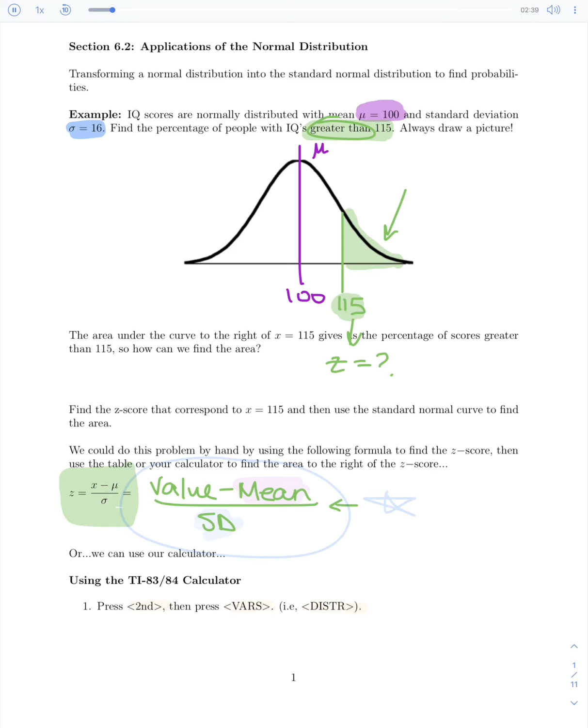So how does the calculator do that? Well, it takes the two pieces of information that we need in the formula, the mean and the standard deviation. So it takes the standard deviation and the mean and does this calculation behind the scenes for us. So it'll do this entire calculation, turn our value into a z-value, and then find the area of probability for us.